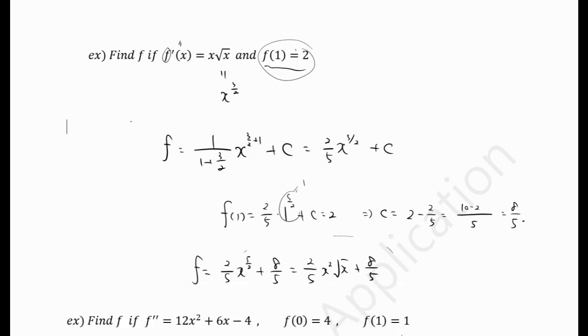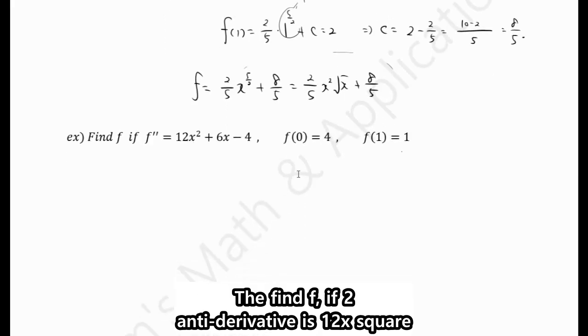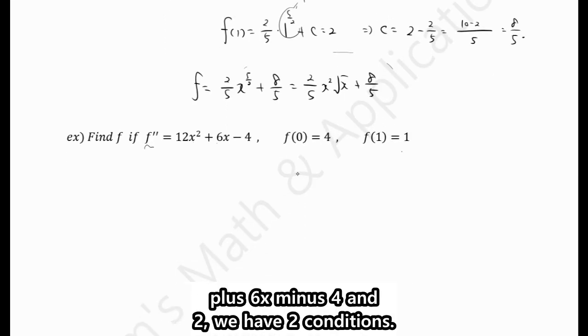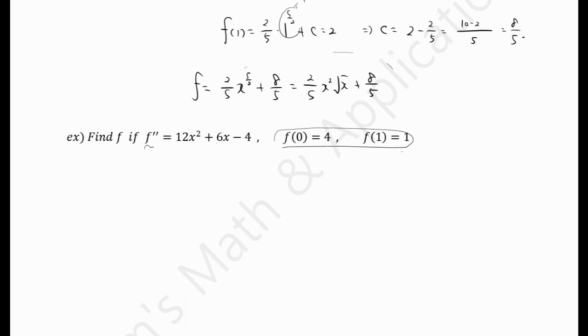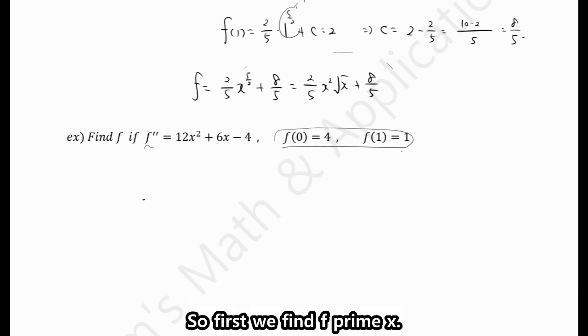This is the answer. Now find f if f double prime is 12x squared plus 6x minus 4, and we have two conditions. So first we find f prime x.